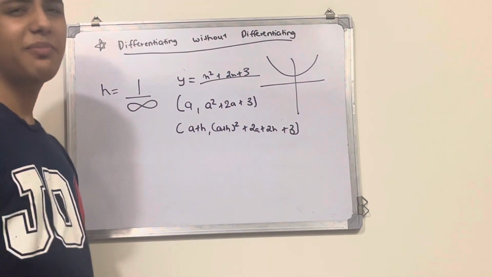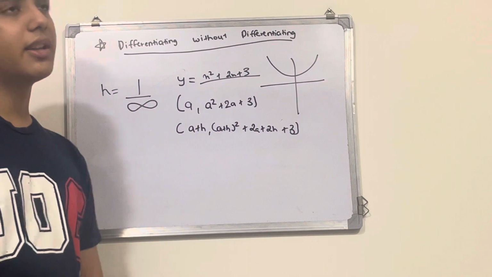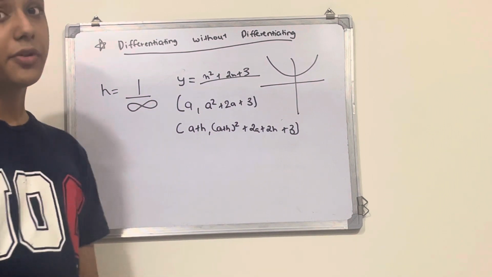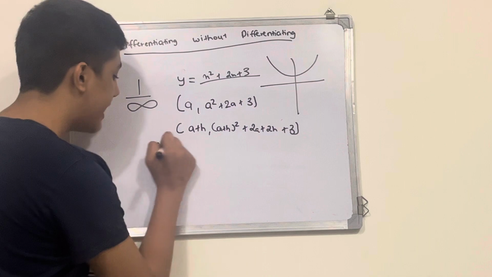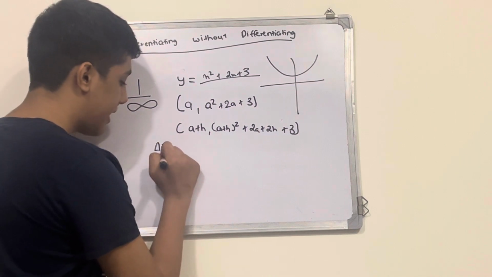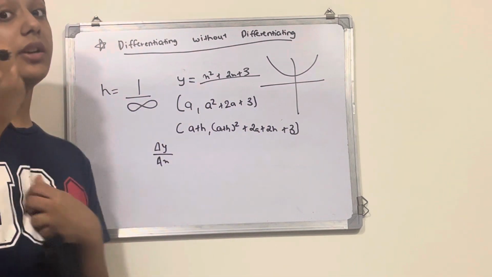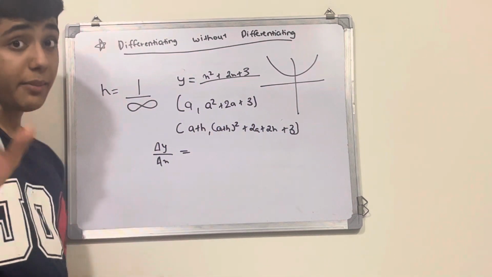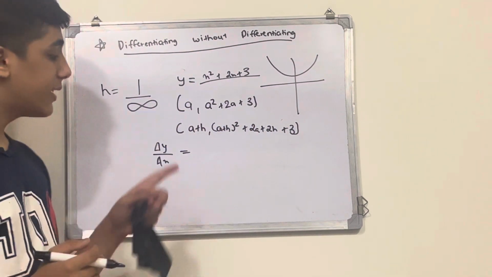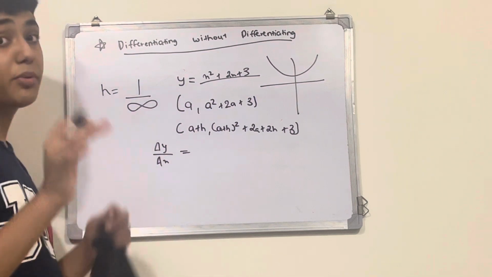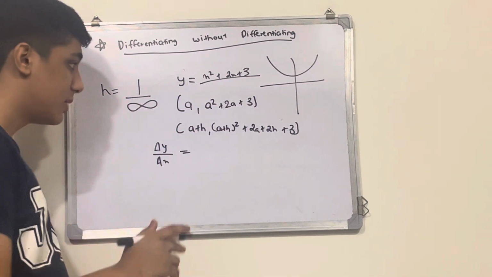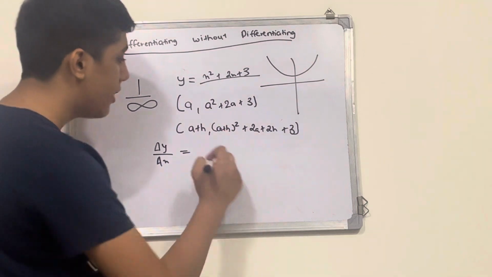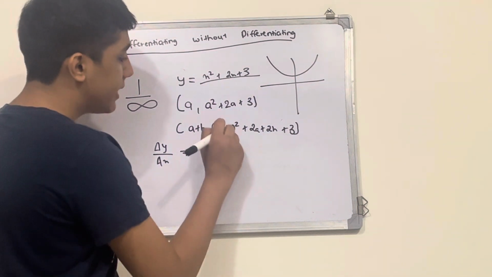And now this is basic math, something everyone's learned in their life. The gradient formula. What is the gradient? Gradient is basically delta y over delta x, or dy by dx. This is what you learn in differentiation. dy by dx is basically delta y by delta x, where the delta approaches 0. It's not 0, it approaches 0. So basically, this minus this, right?